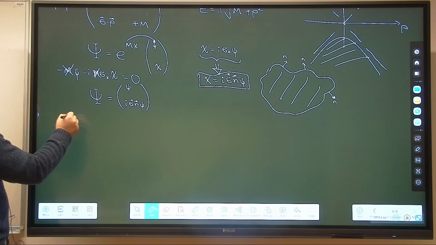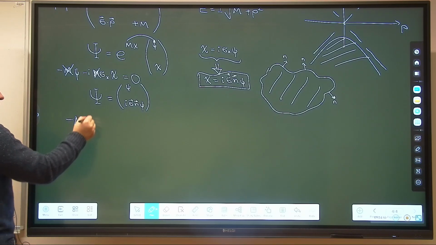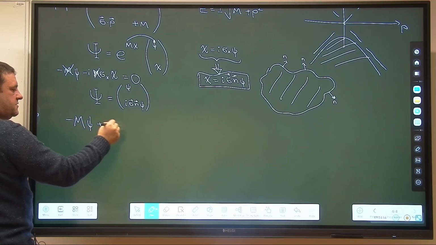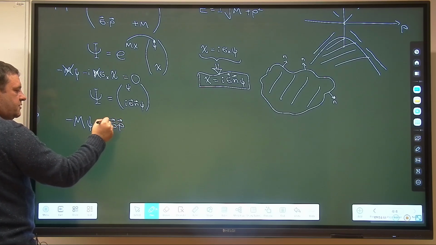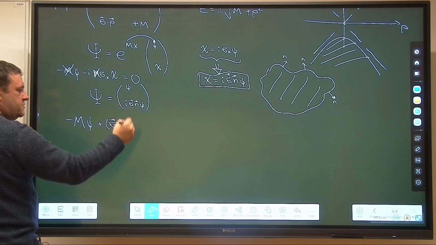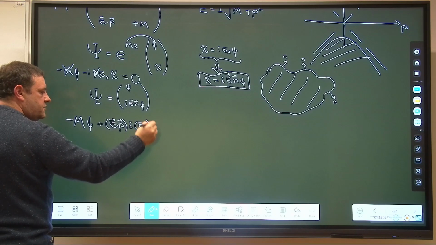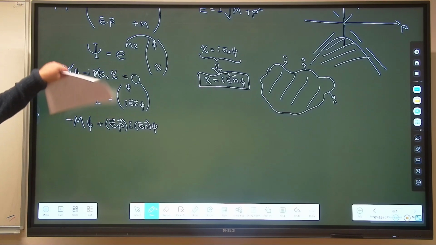So the first row of the Hamiltonian acts like this: minus m times psi plus sigma p, this is the scalar product of sigma and p, times i sigma n psi, right? This is, I acted with the first row on this column.